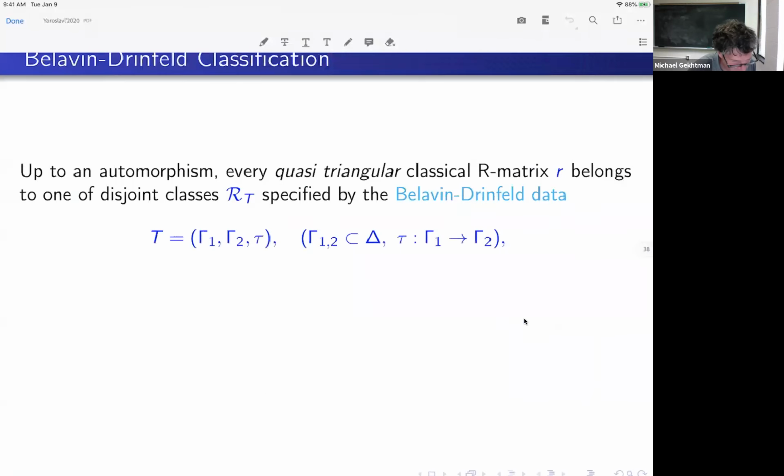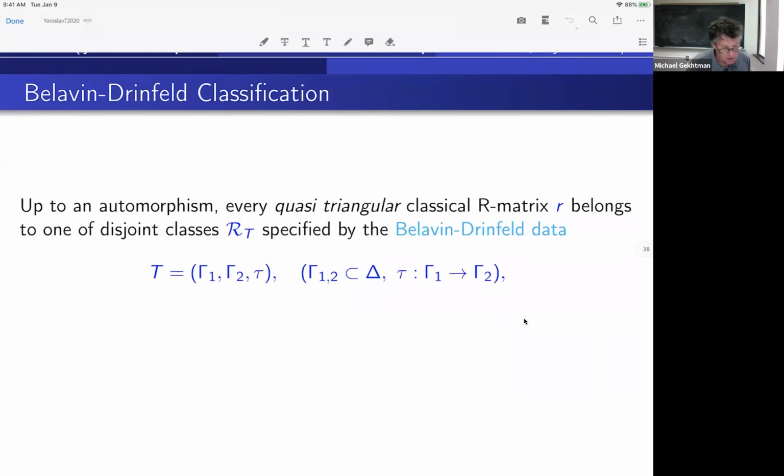So the claim is the following: we can actually associate different non-isomorphic cluster structures with Poisson brackets which appear within the so-called Belavin-Drinfeld classification. This is what I'll have to explain.